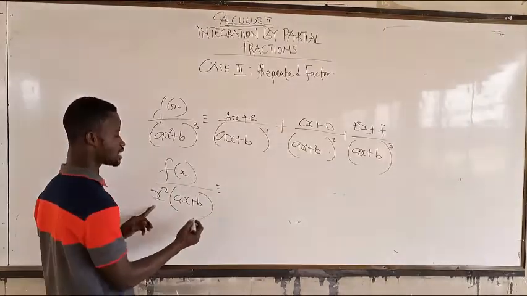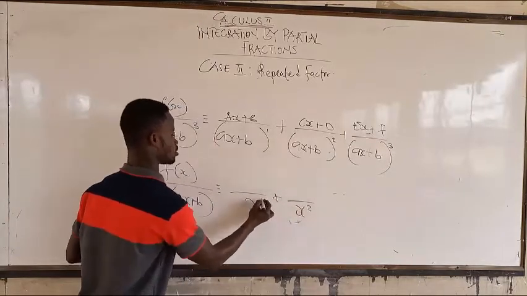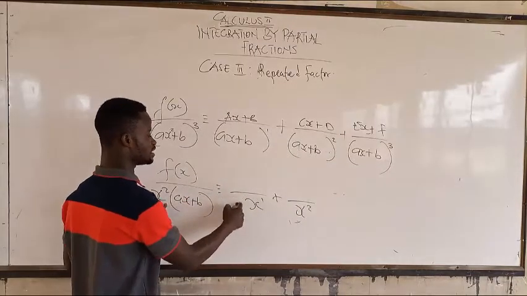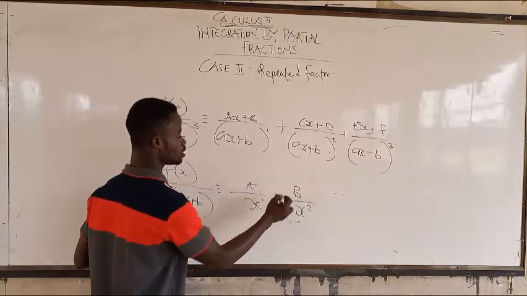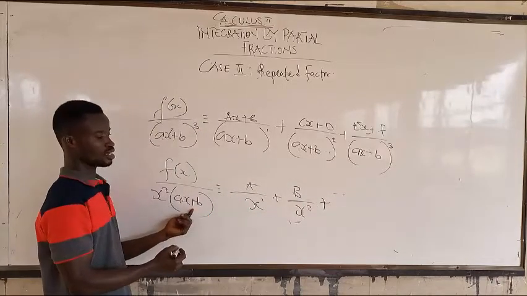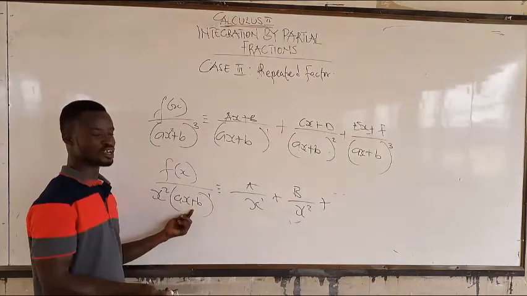But rather treat this as a repeated factor. The inside is linear, A, B. Then plus this, which is linear, and this is a repeated factor.